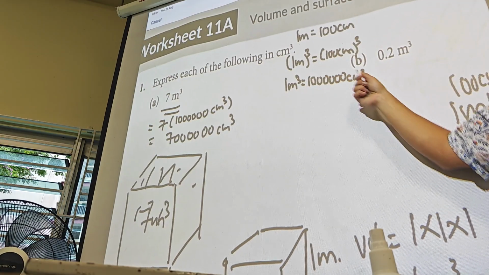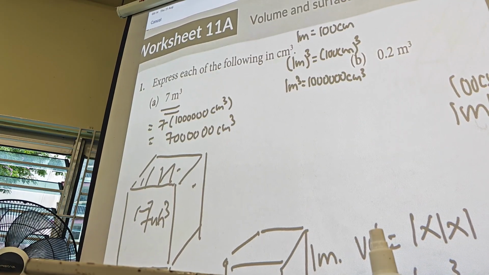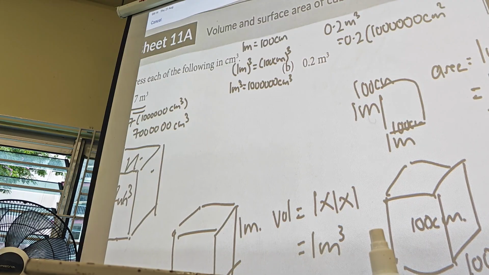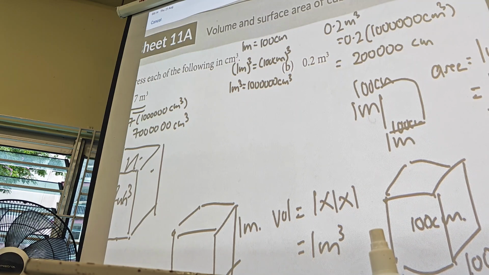So I can also use the same conversion here. 0.2 meter cube is equal to 0.2 times 1 million cm cube. So equals 200,000 cm cube.